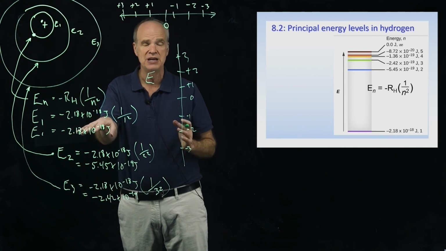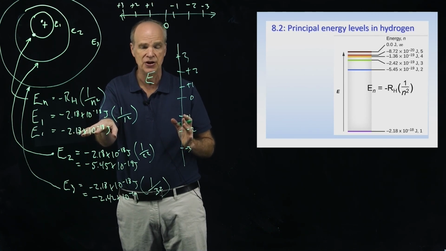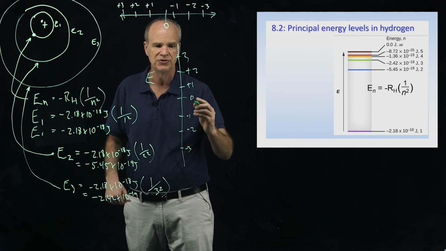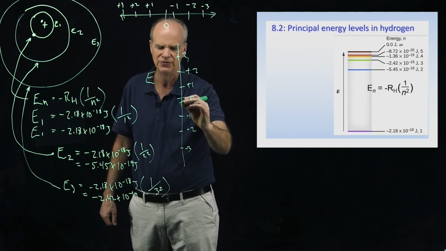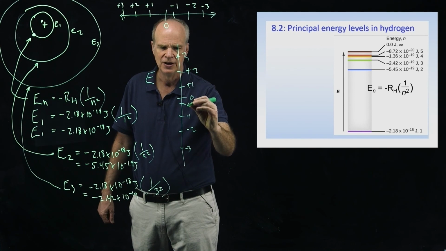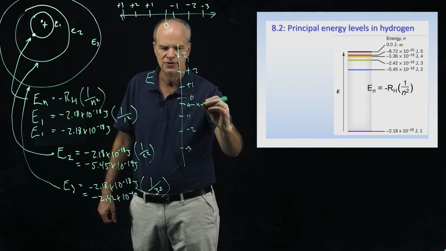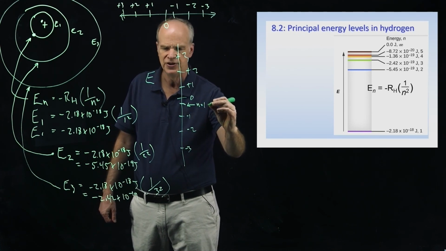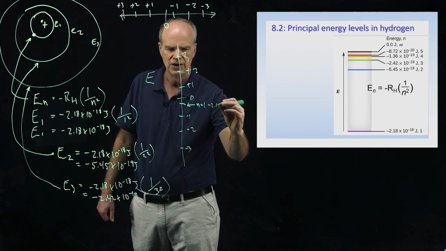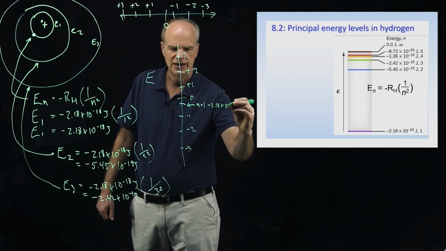That's 0.000, and there will be, I think, 17 zeros followed by a 218. So it's a very small number. So we'll just put this here.